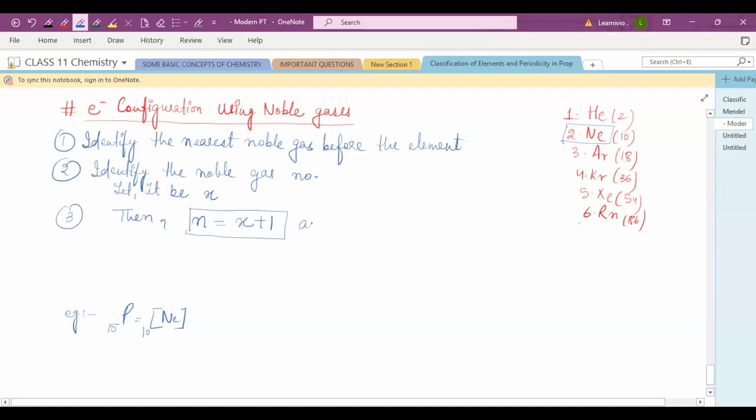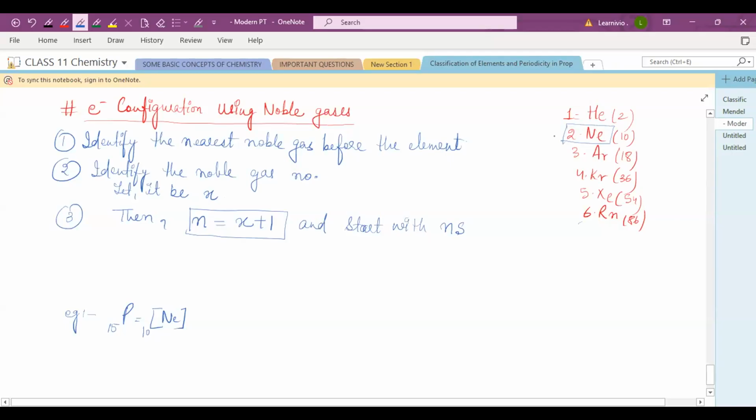Right? And start filling after writing the noble gas, start filling the electron with ns. You just have to start with ns. Like suppose, phosphorus has 15 electrons, means atomic number is 15. So first you identify the nearest noble gas before the element. It's neon, right? After this step, identify the noble gas number.